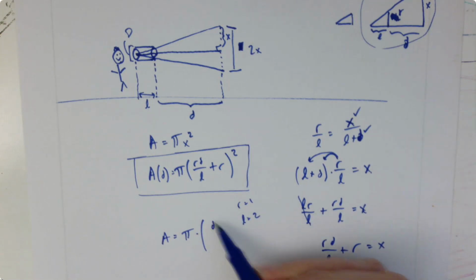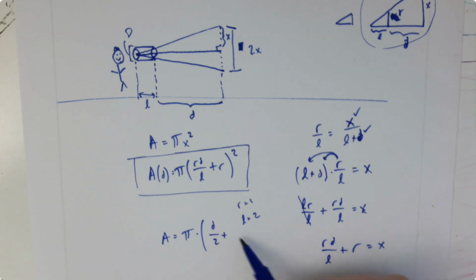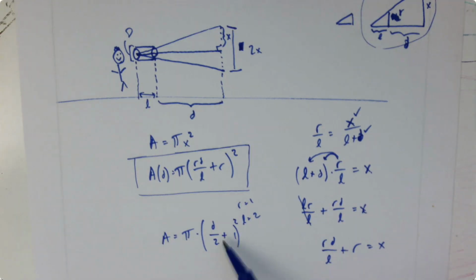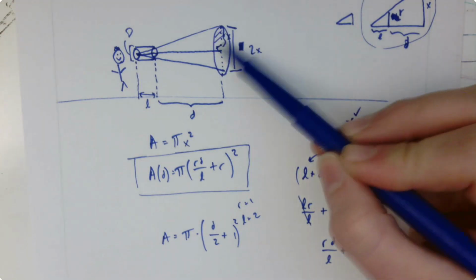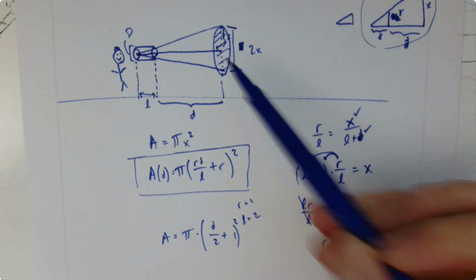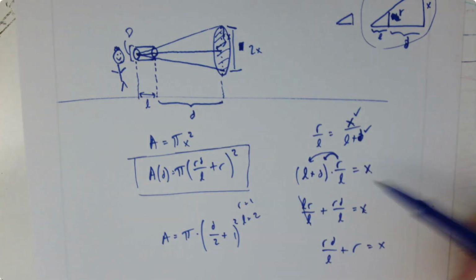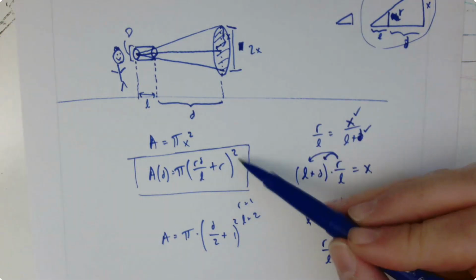So this will be d divided by 2 plus 1 squared. So if you look at that, it's like, aha, d is our variable and we're squaring it. So this must be a quadratic function, which you'd sort of expect it to be because we're trying to calculate area over here in terms of something linear. So it sort of makes sense that you would end up with a quadratic equation.